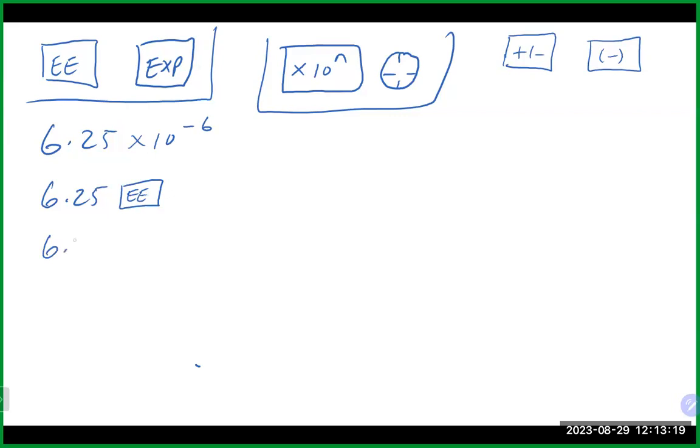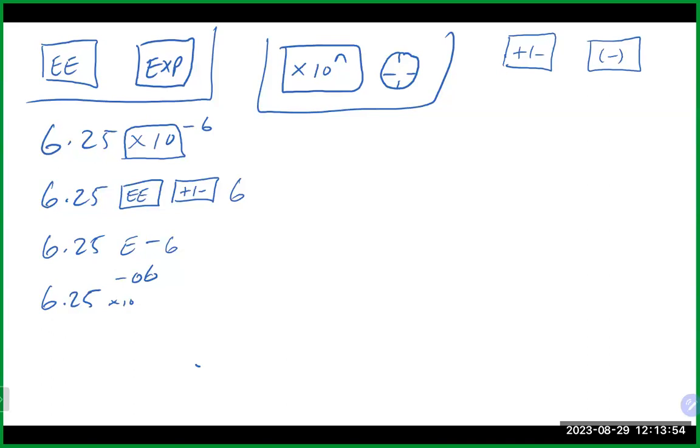And on most displays, it'll go 6.25 and pop up an E. May go 6.25, maybe a little 10, and a couple of zeros might pop up on your display. When you hit the EE button or EXP button, it represents the times 10 part, which means you should not hit the multiplication button. You should just hit that button. That is it. What is left is negative, which means you should take your negative button, whichever one you got, hit it. That'll be that, and 6.